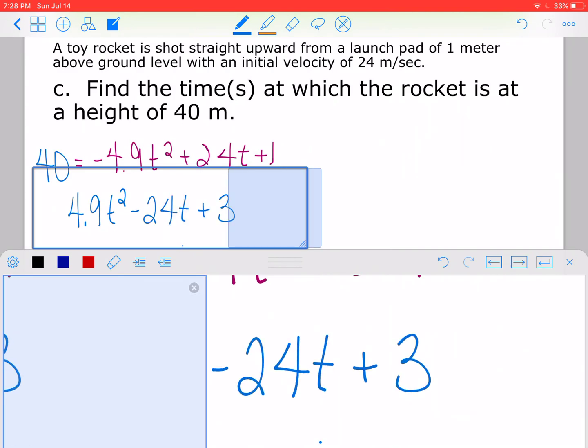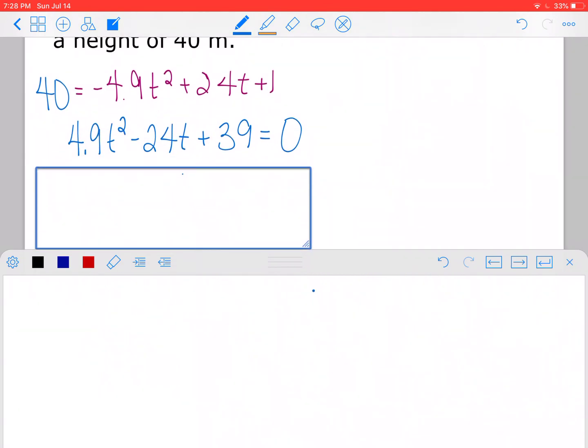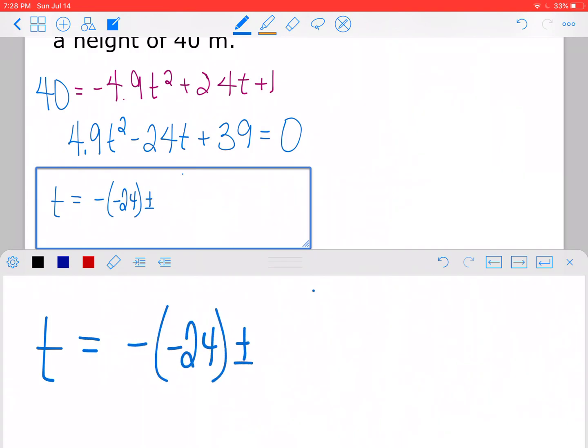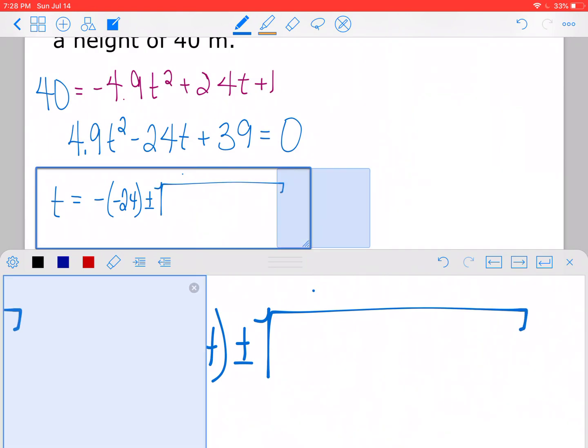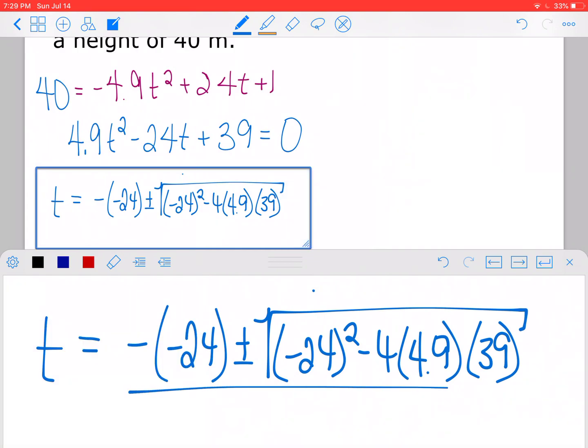We get the same thing but plus 39 there equals 0. And so the quadratic formula says negative b plus or minus the square root of b squared minus 4ac, all over 2a.